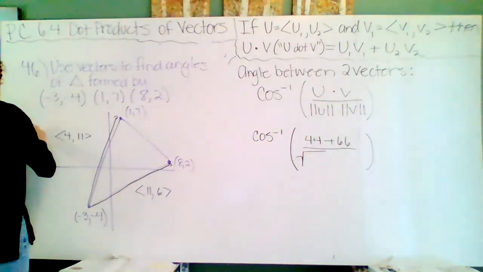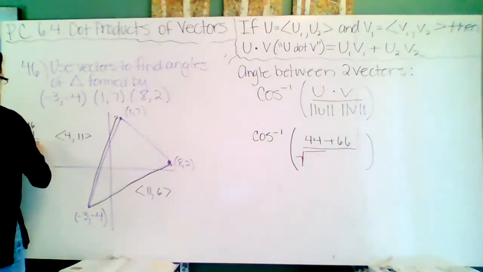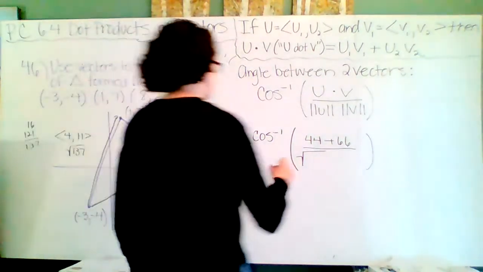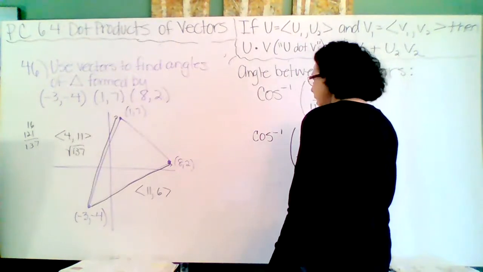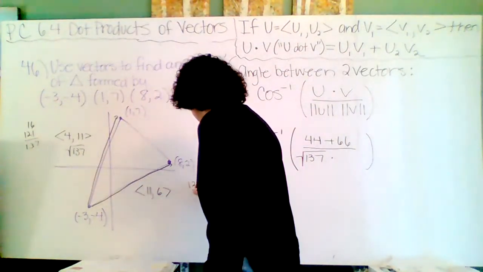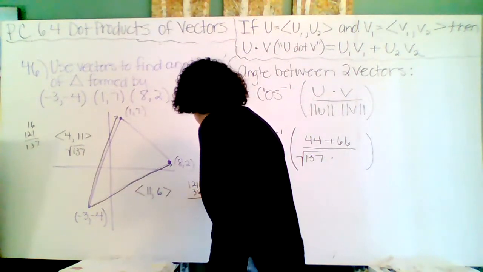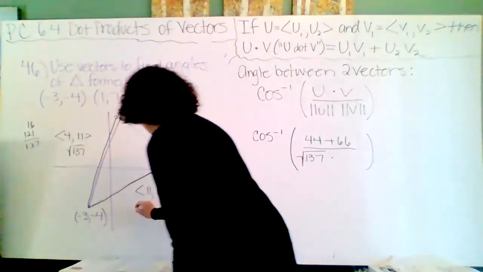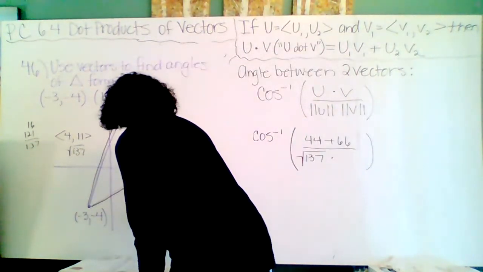I'm going to do a little math here. The square root of 137 times, and then this vector would be 121 plus 36, 157, the square root of 157.